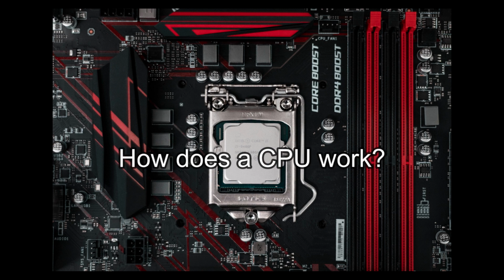How does a CPU work? A central processing unit is the essential part that processes instructions and performs calculations in a PC system. It works by getting input from software, performing computation and logic procedures on the data, and then sending output back to the software or other parts in the system.